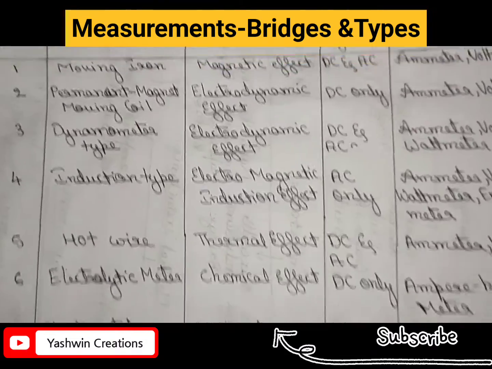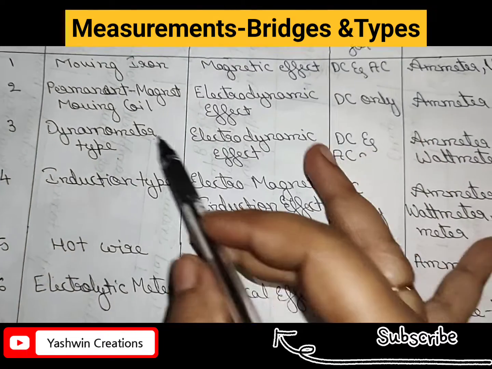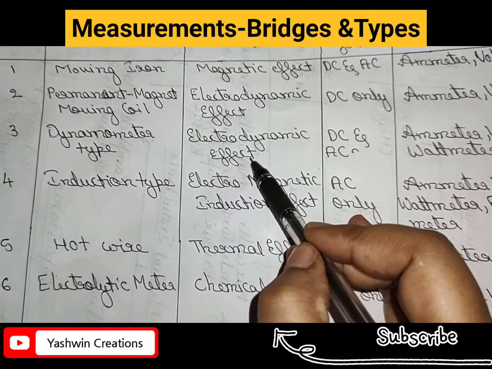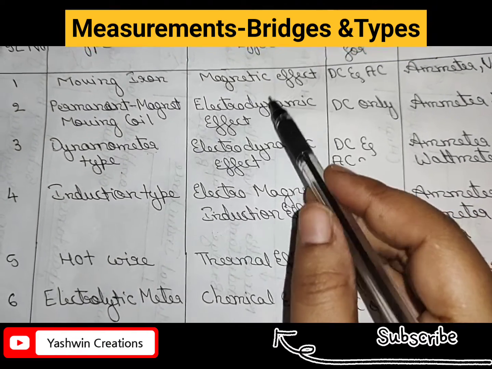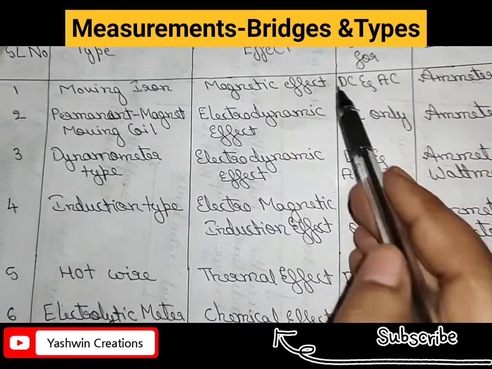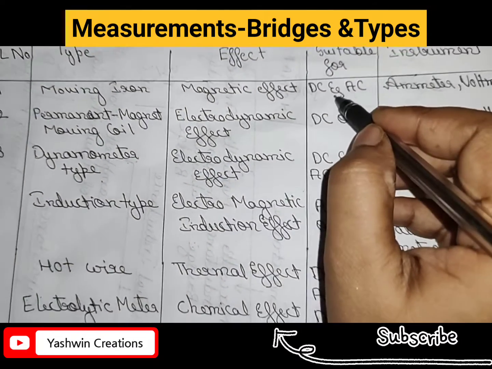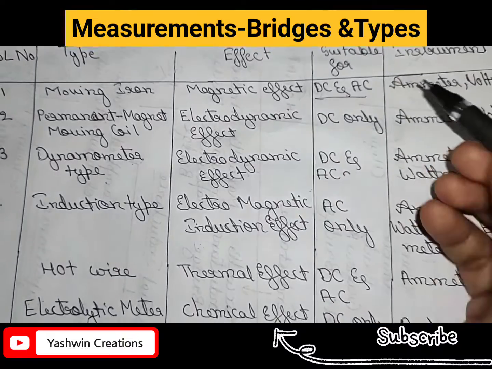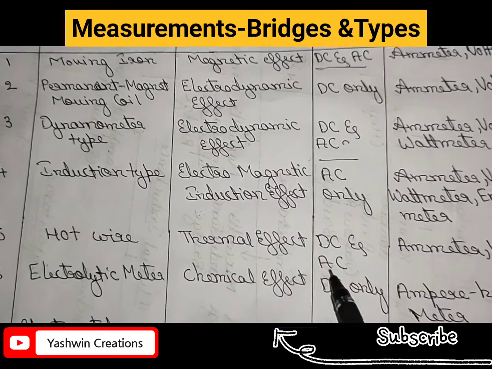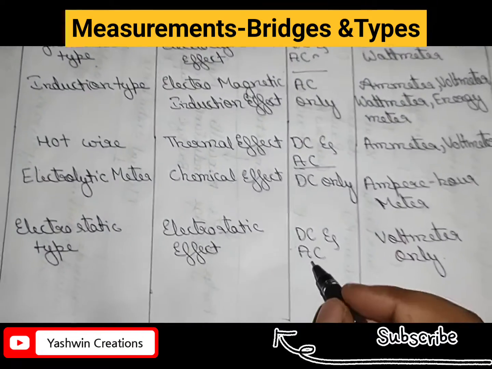The third one is dynamometer type. Its effect is electrodynamic effect. So one thing you need to remember is that for magnetic effect, moving iron is used for DC and AC. How many instruments are suitable for both DC and AC? 1, 2, 3, and finally 4.